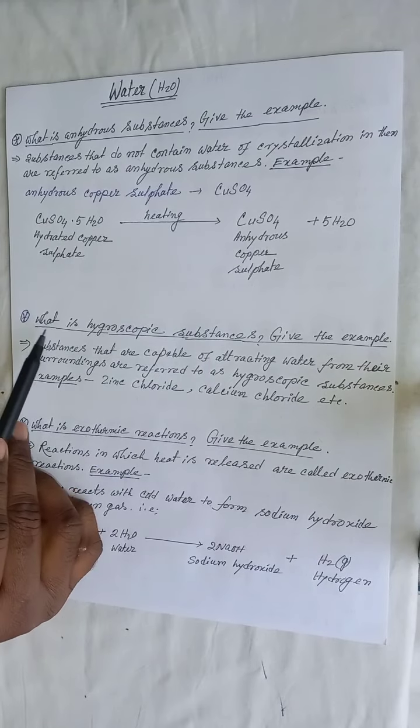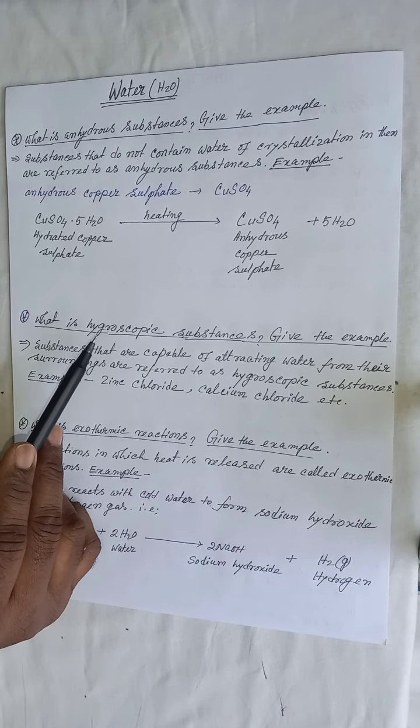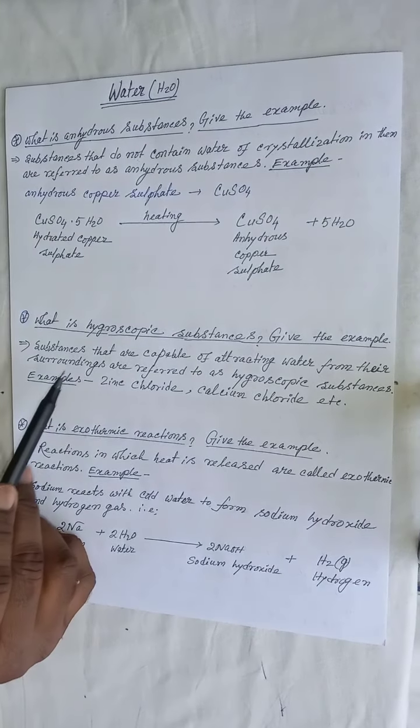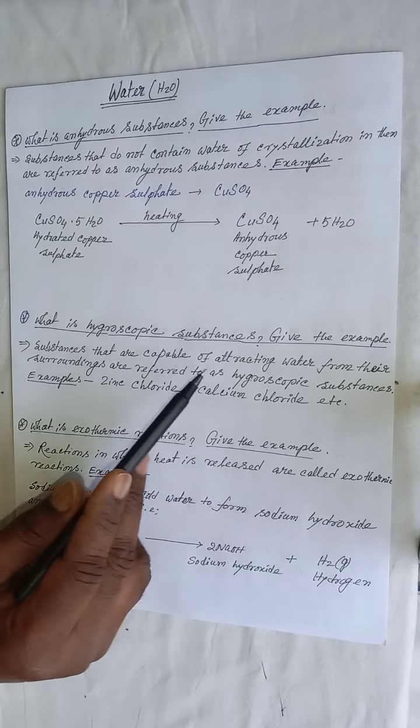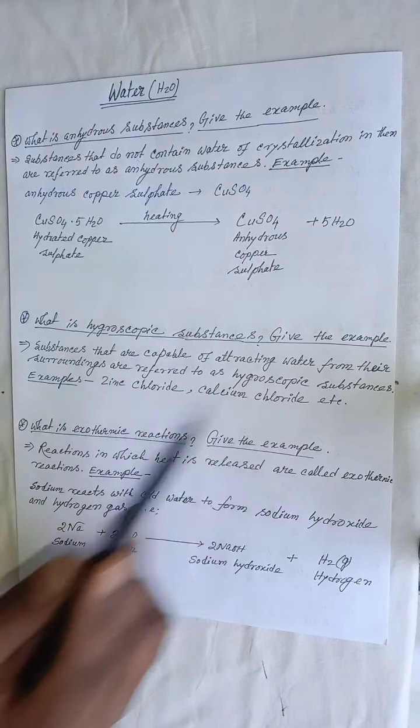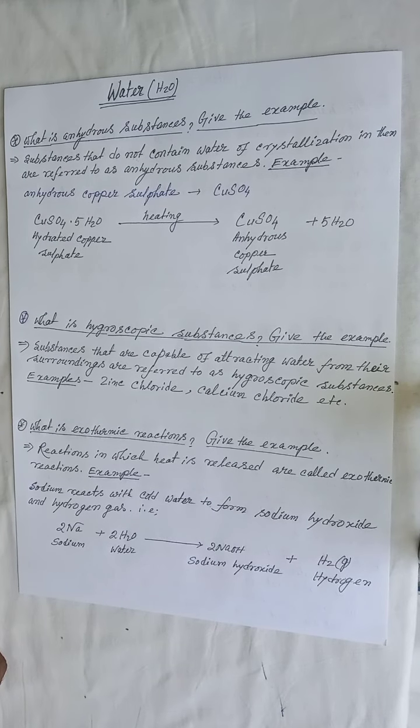Okay. What is a hygroscopic substance? Give the example. Substances that are capable of attracting water from their surroundings are referred to as hygroscopic substances. Example: zinc chloride, calcium chloride, etc. What is an exothermic reaction? Give the example.